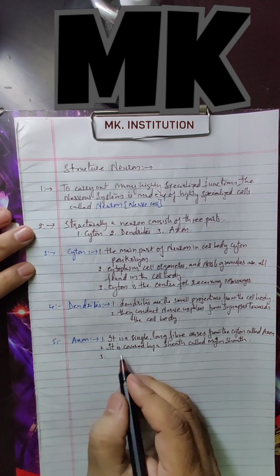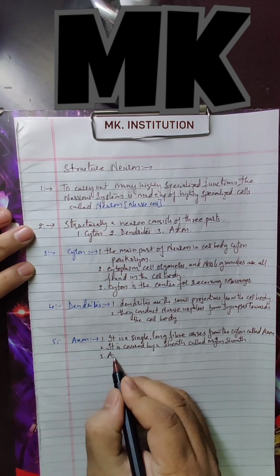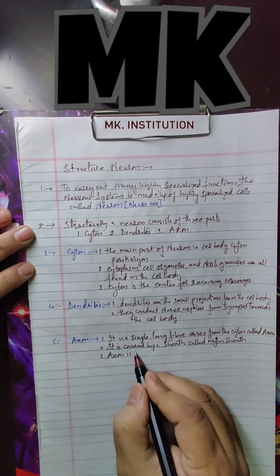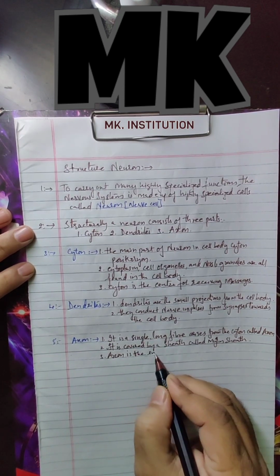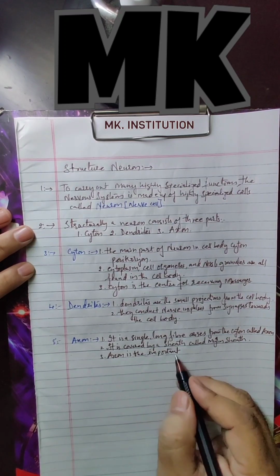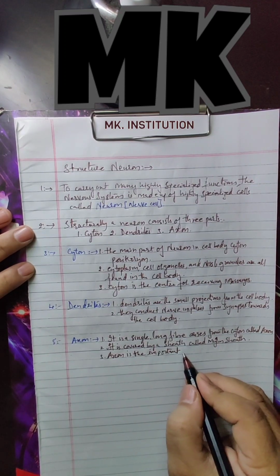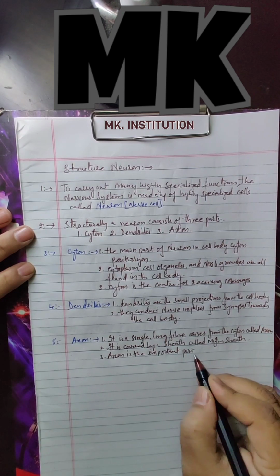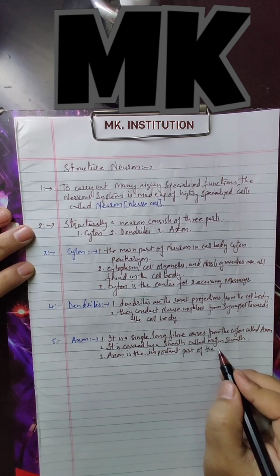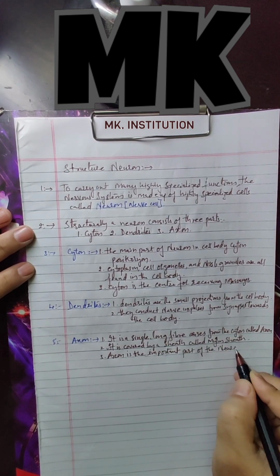Then third point you can add, axon is the important part of the neuron, or nerve cell, you can tell.